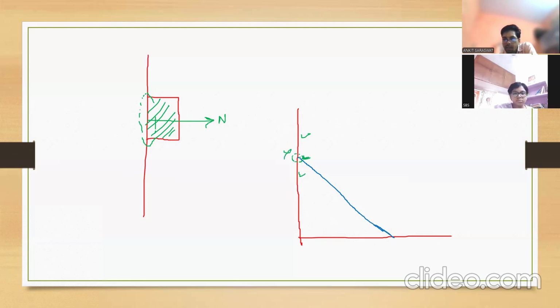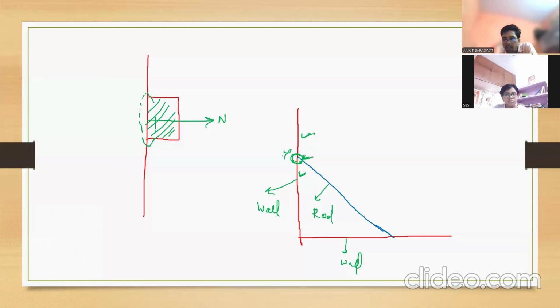For the rod, we have surface on one side only.